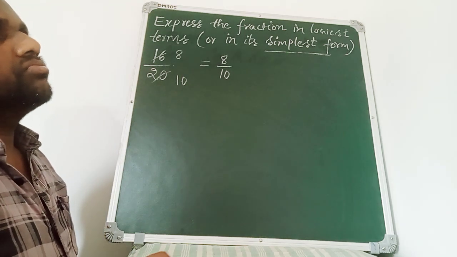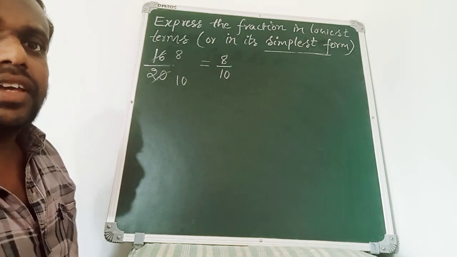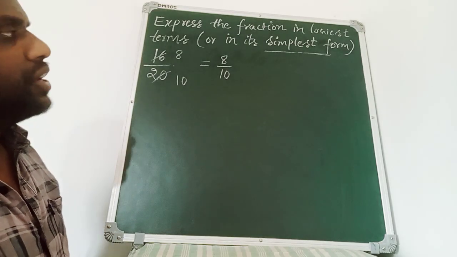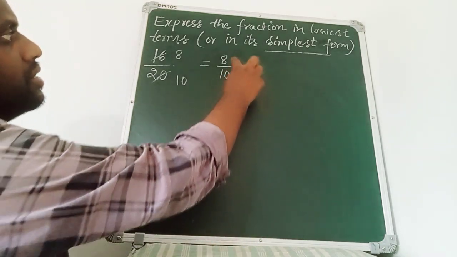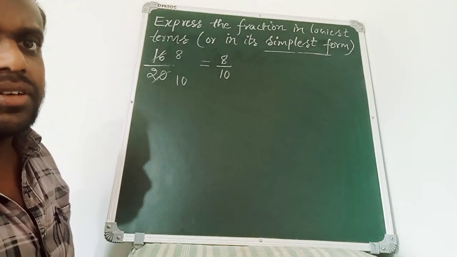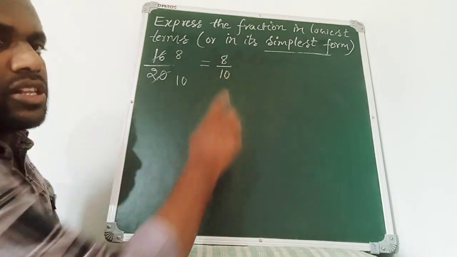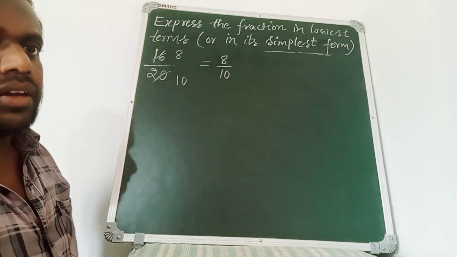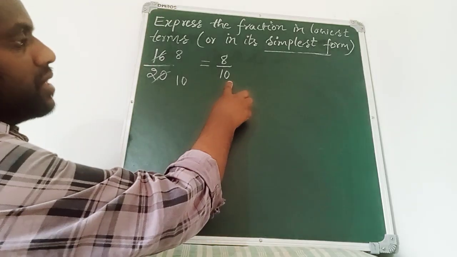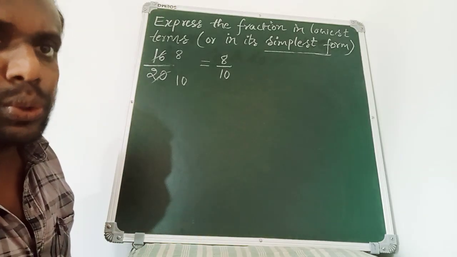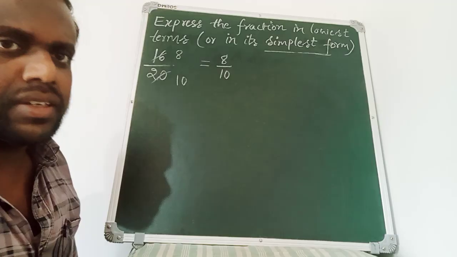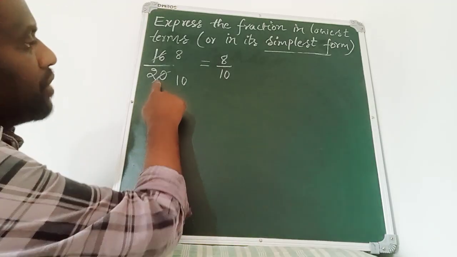So it is again 2 only. We can divide 8 and 10 by 2 again, because 2 can divide 8 completely and 10 also completely. So the second time also we can divide by 2. Sometimes it depends on the given fraction.